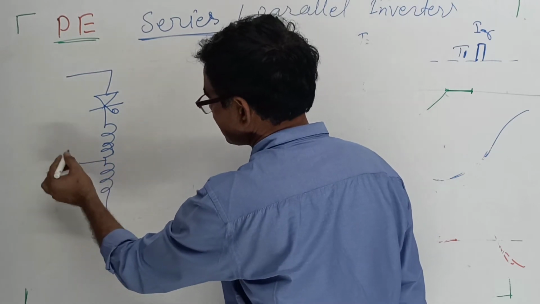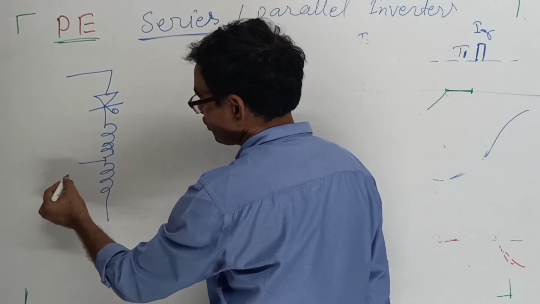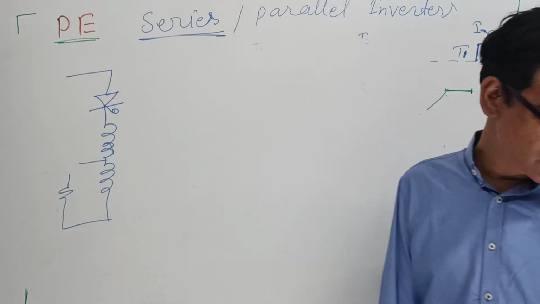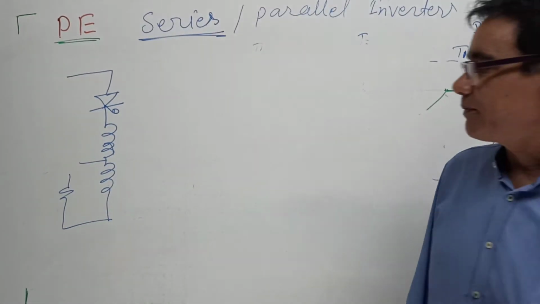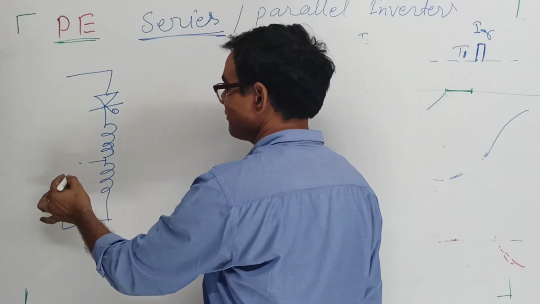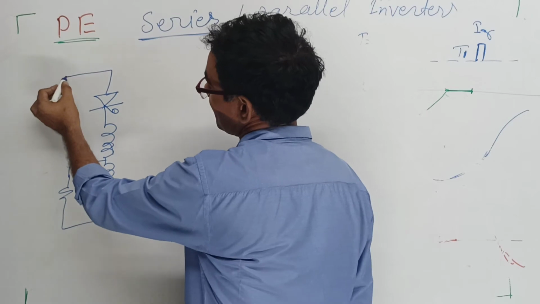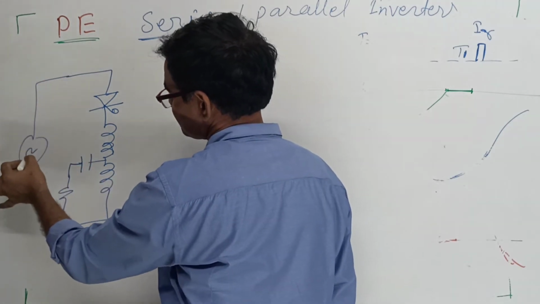Here there is a load resistance, and to give the supply there is a capacitor connected in between these two. So it gives the commutation, and here is the source.